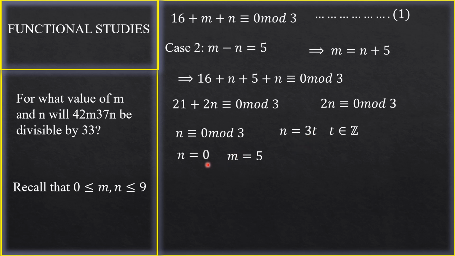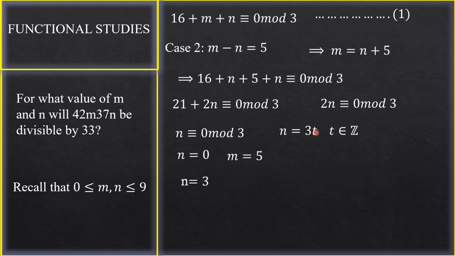So t must start from 0. Can n be 0? Yes. In that case, remember, if n is 0, m will be 5. So it's a valid condition. Remember, we are considering only multiples of 3. After 0, t can be 1 times 3.